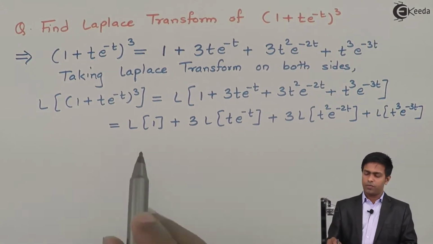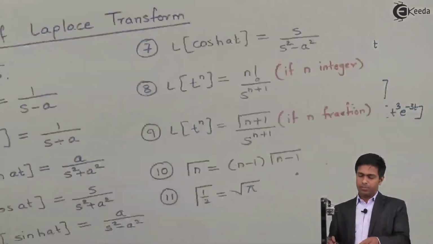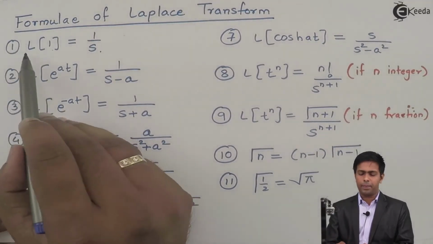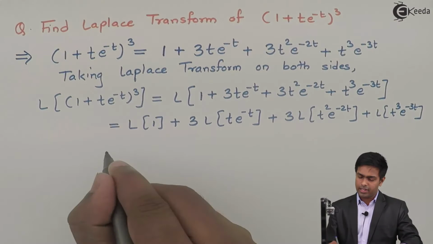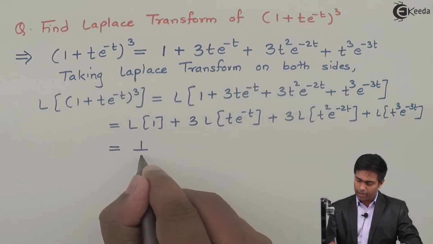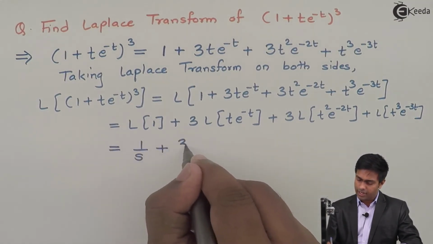Now what is Laplace of 1? We have a formula that Laplace of 1 is 1 by s. This is standard formula. So here I'll say it is equal to 1 by s plus 3.